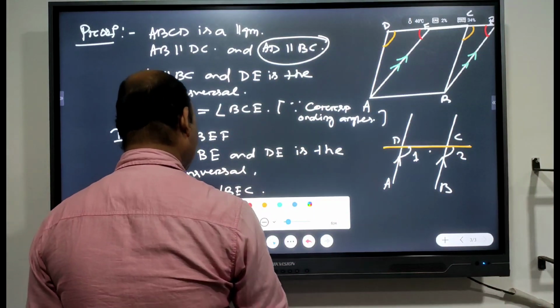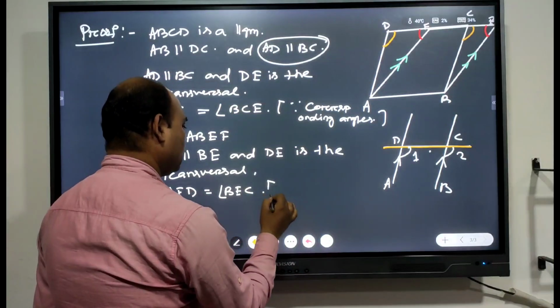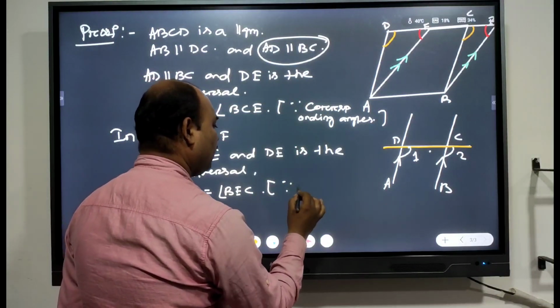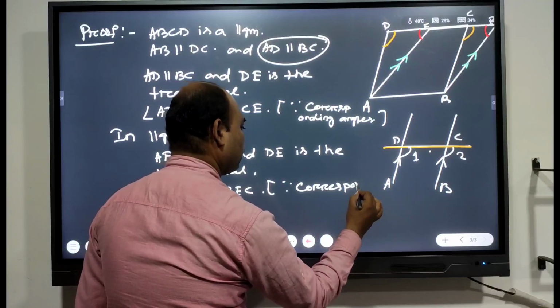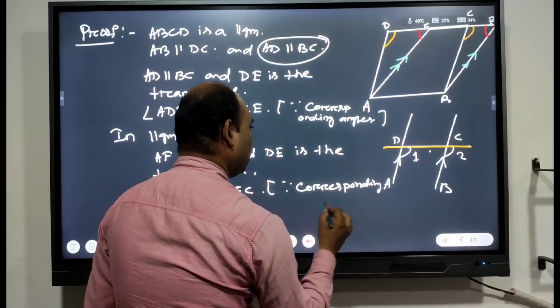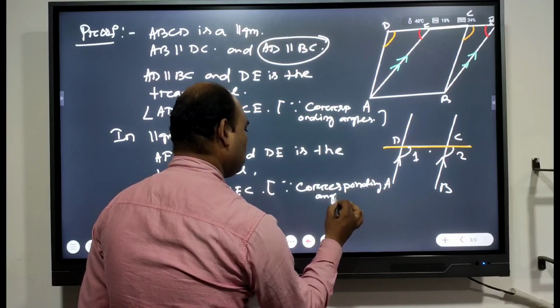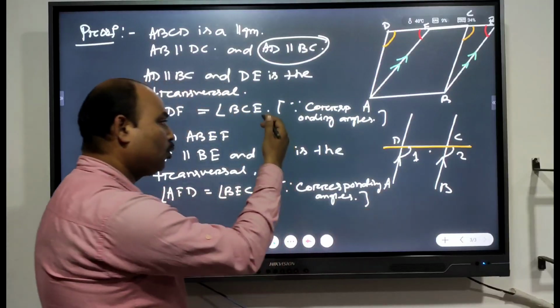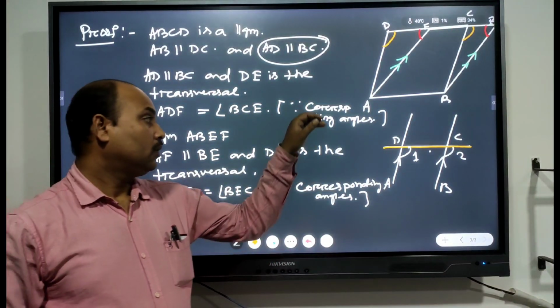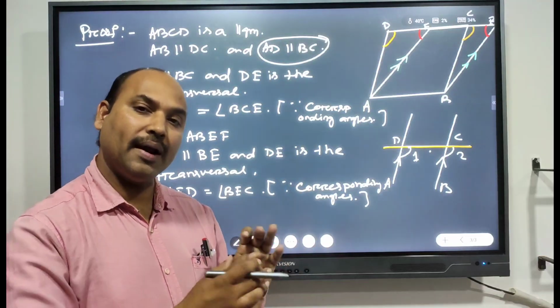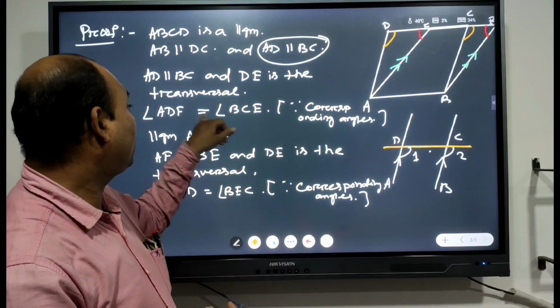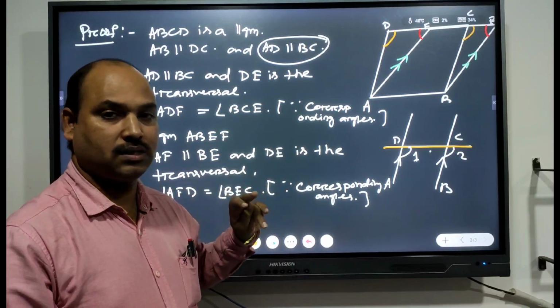Same, because of the corresponding angles. When you prove, we have to write the reason, why they are equal and why we are equating them. So, why are they equal? Because of the corresponding angles.